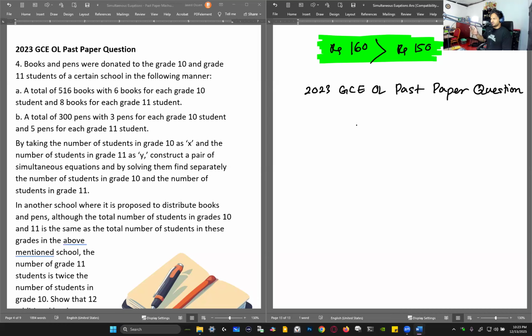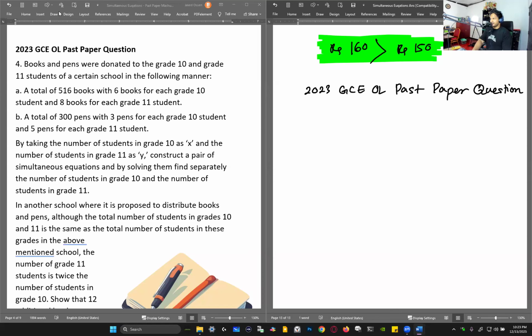Books and pens were donated to the grade 10 and grade 11 students of a certain school in the following manner. A total of 516 books, with 6 books for each grade 10 student and 8 books for each grade 11 student.